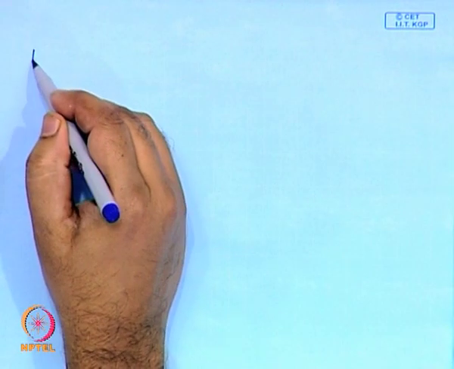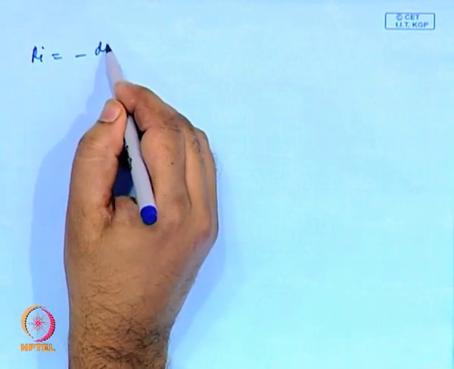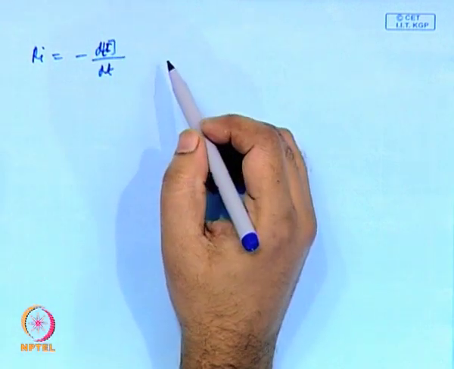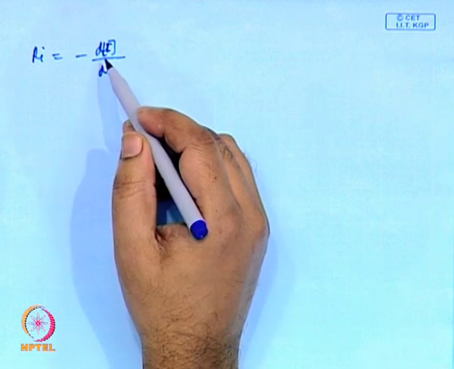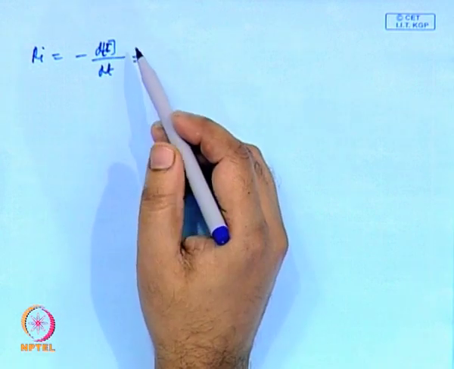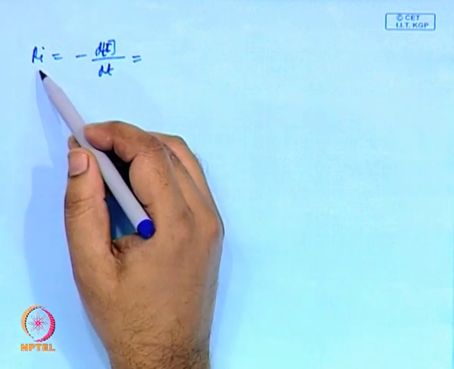Now, we know Ri is minus dI/dt. So, we can find the initiator molecule concentration I with time.